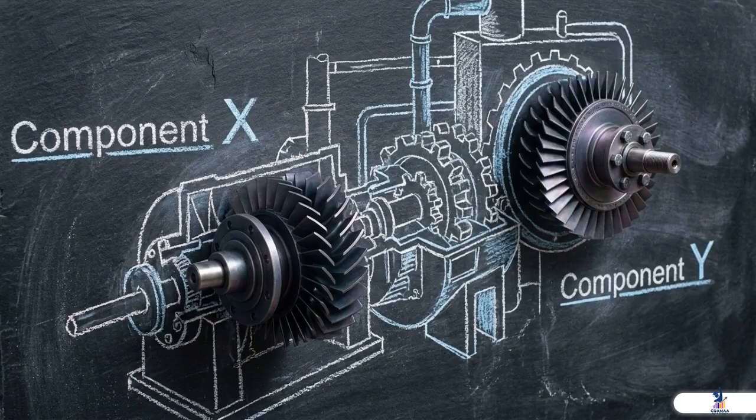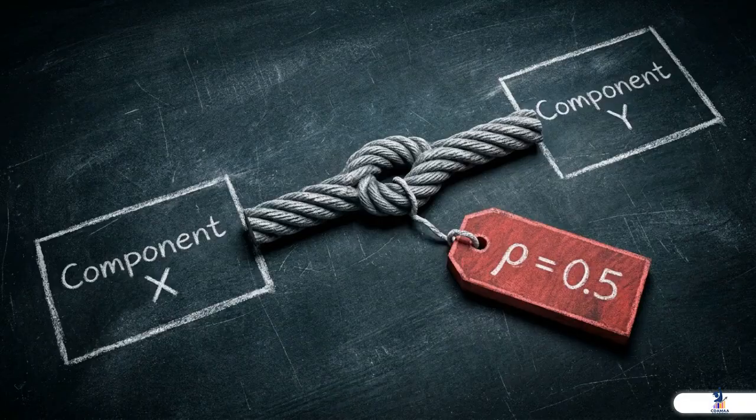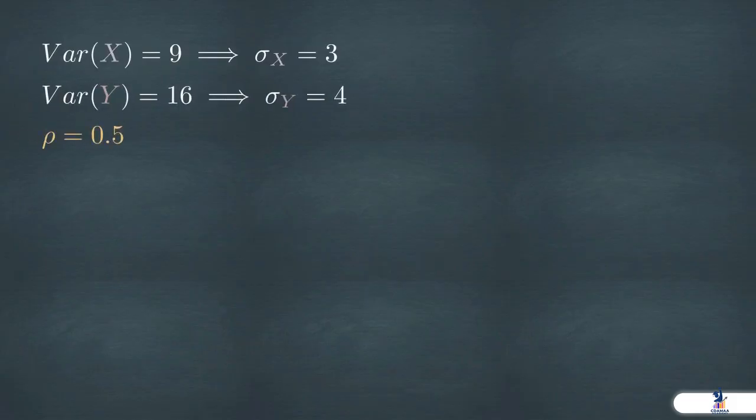We can now apply these mechanics to a physical engineering problem, calculating the total risk of an industrial machine built from two dependent components. Component X has a known variance of 9. Component Y has a variance of 16. Because they are mechanically interlinked, they possess a correlation coefficient of 0.5. When adding dependent variables, their individual variances are not strictly additive.